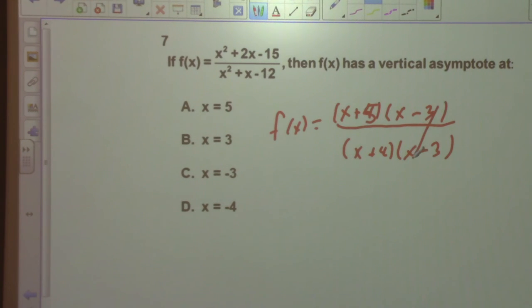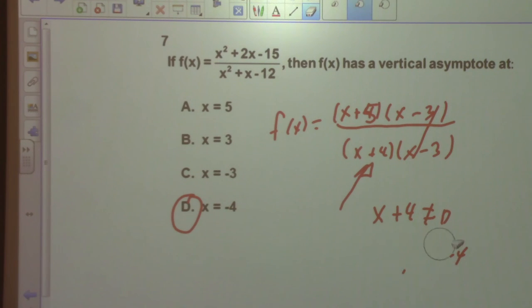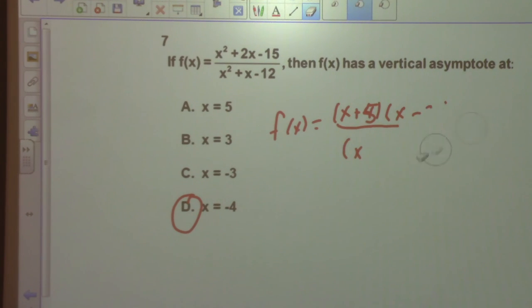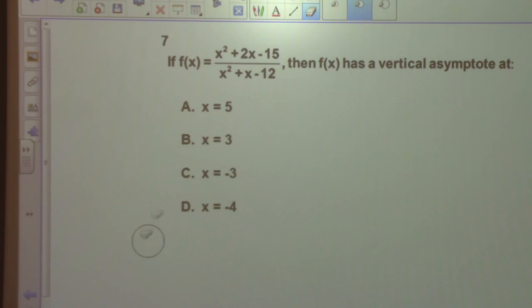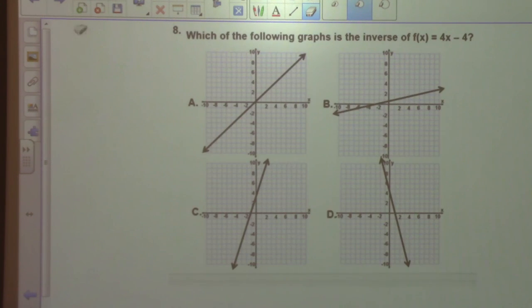So x plus 4 cannot equal 0, so x is equal to -4. That's your vertical asymptote. When you graph it, you'll see it. So the ones like that are just going to be really easy to do.